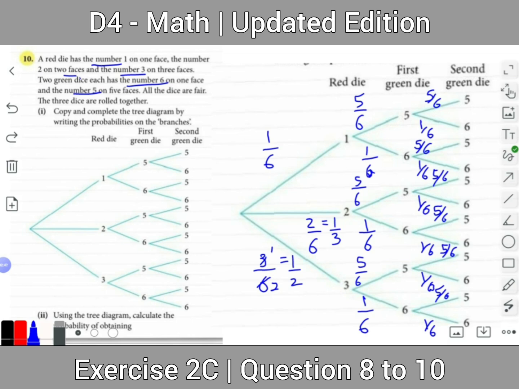So this is the complete tree diagram showing all the possible outcomes.